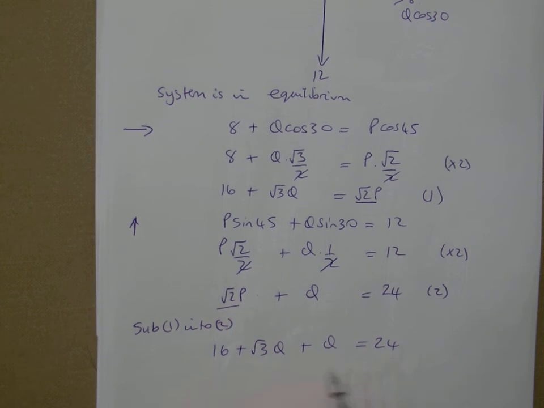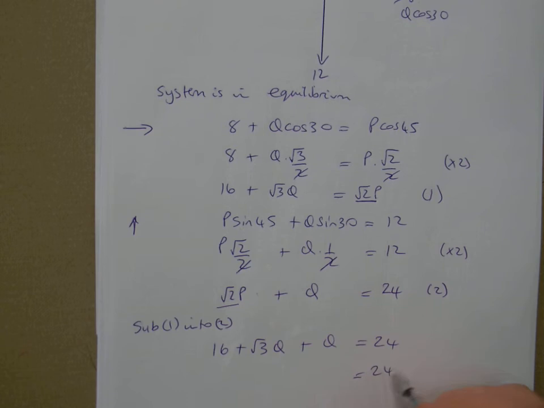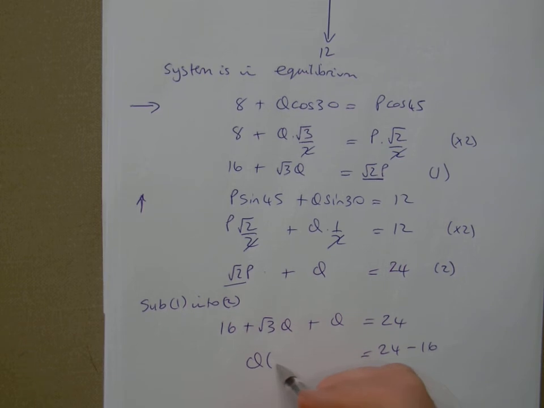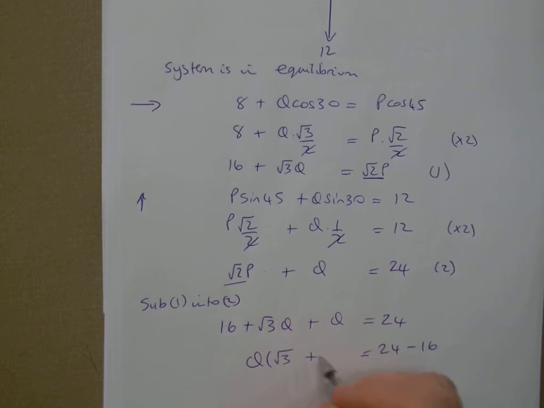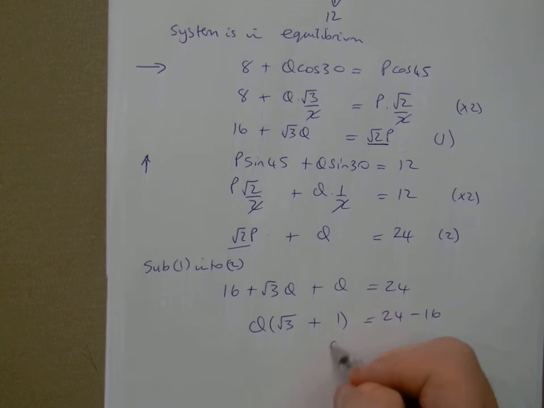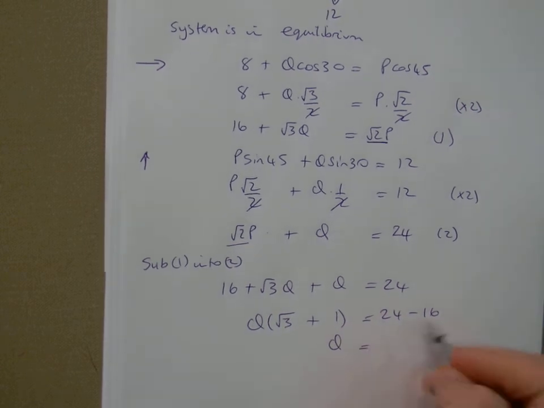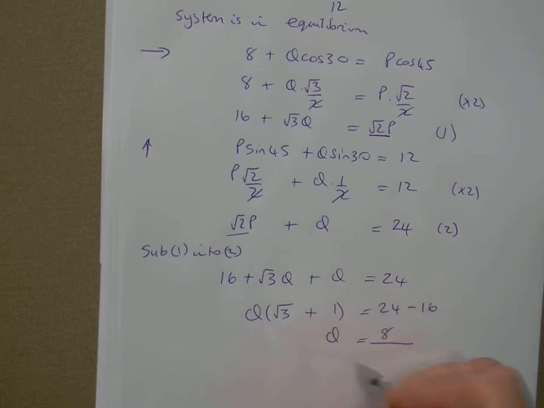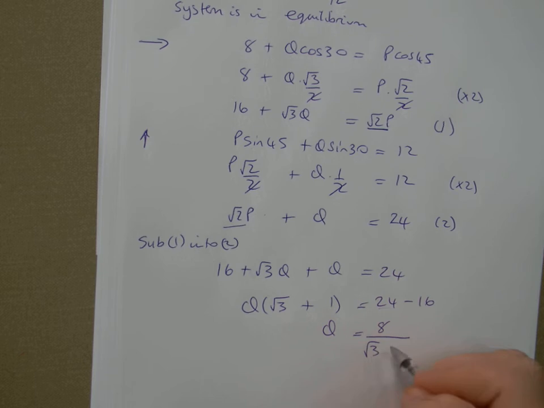Now, take the 16 over the other side, so 24 take away 16. And here I've got root 3Q plus Q. I can factorize out the Q there, and that'll be root 3 plus 1. To get Q, 24 take away 16 is 8, and because I've got root 3 plus 1 in a bracket, you take it over and divide.